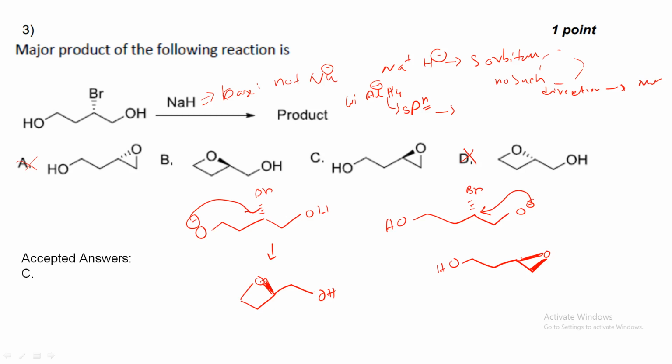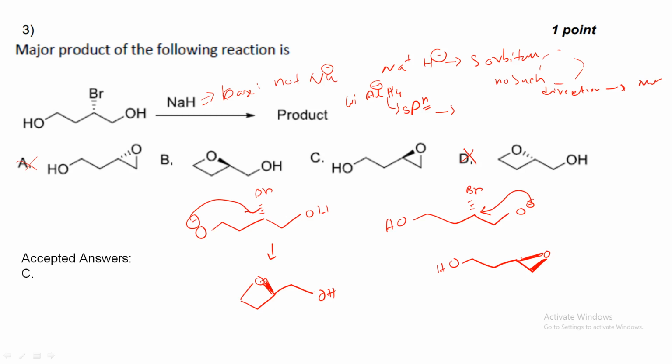Why? Because from this particular electrophilic center, the nucleophile is just one carbon away, but in this case the nucleophile is two carbons away. So the probability of the right configuration to attack is quite high compared to this.